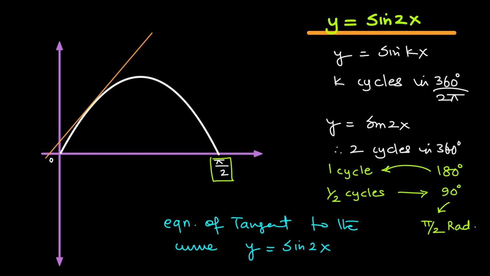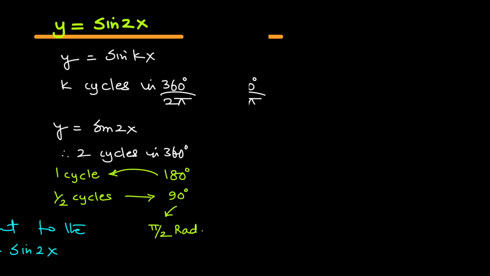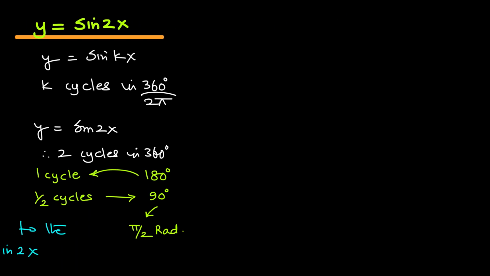Now let me label this point over here as pi by 6. The diagram is not drawn to scale. This is pi by 2, this is 0, the mid value is pi by 4, and somewhere over here is pi by 6.